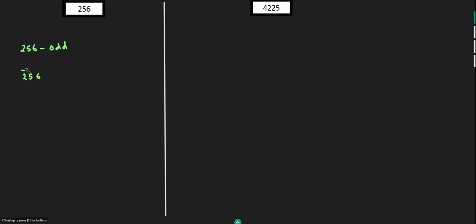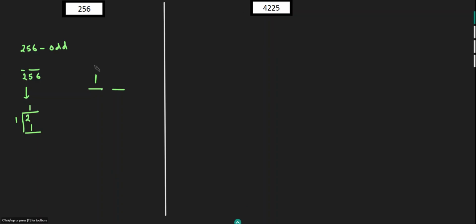So I place the bar on top of 2, and then the bar on the next two digits. Now we have to take this number 2 and find a number whose square is less than or equal to 2. Clearly the number 1, its square is 1, which is less than or equal to 2. And so in our answer, the first digit is going to be 1.